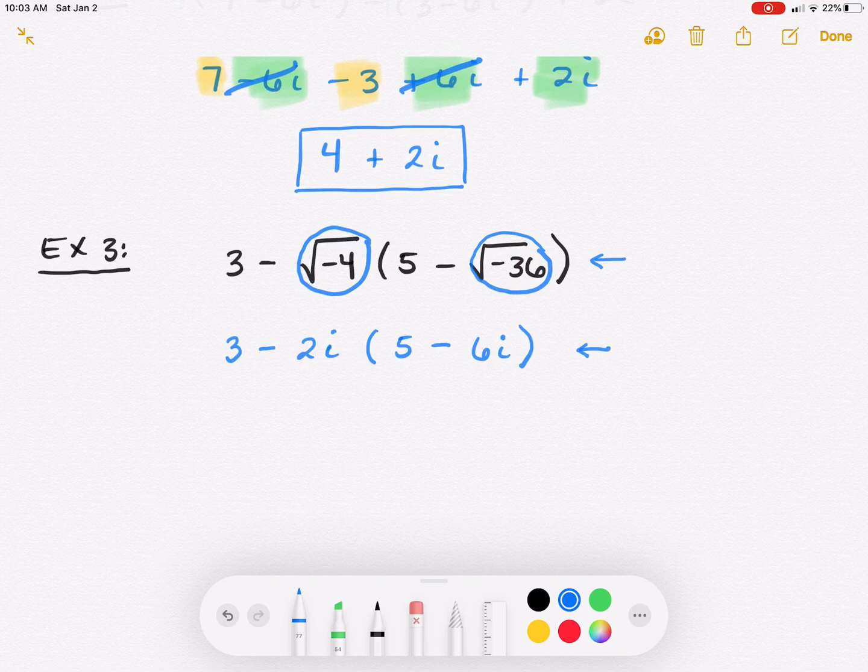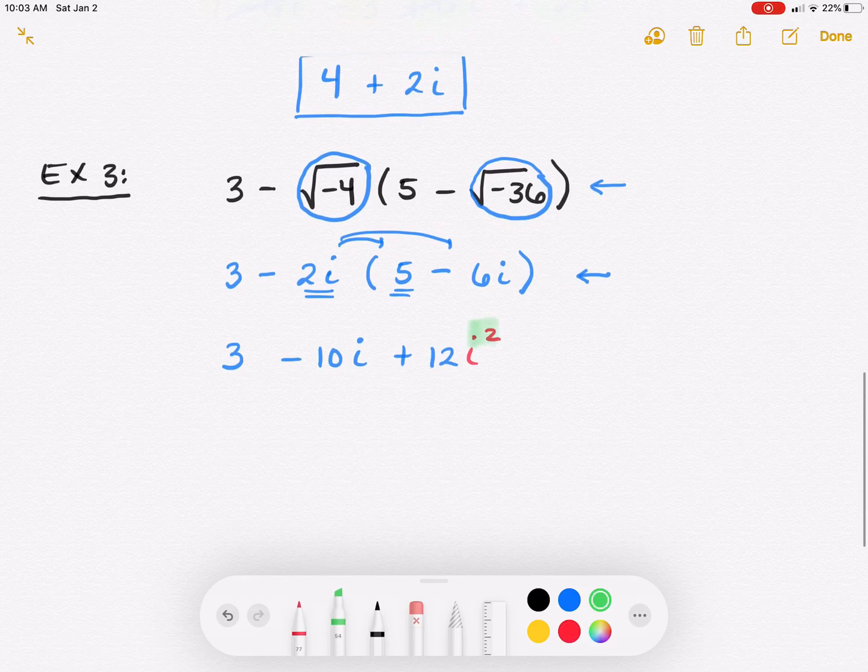All right, so let's go ahead and now distribute. What's going to happen is we get 3 minus 2i times 5 is going to make 10i, and 2i times -6i is going to make a positive 12, and i times i is going to make i squared. So again, it's very similar to a variable, but what's different in this case is that i squared is equal to -1.